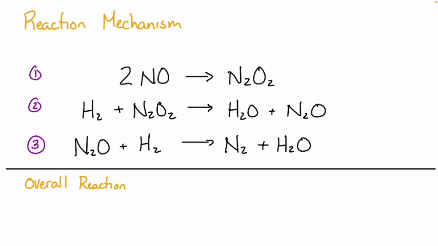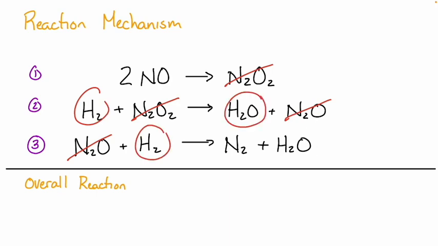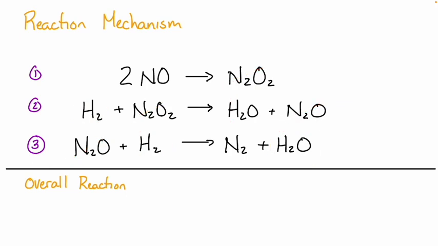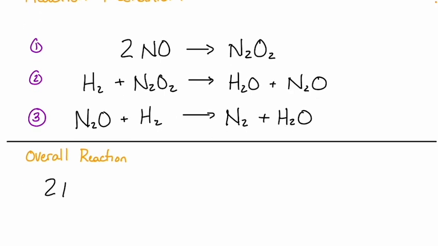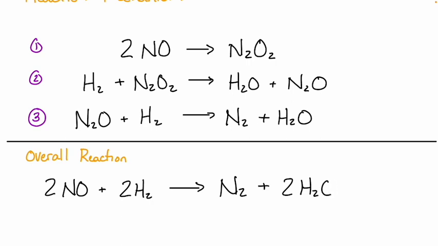All right, so I can cancel these dinitrogen dioxides from both sides. I can cancel the dinitrogen monoxide. I'm going to combine my hydrogens on the reactant side and my waters on the product side. I get 2 nitrogen monoxides, 2NO plus 2H2 gives us N2 and 2H2O for my overall reaction.